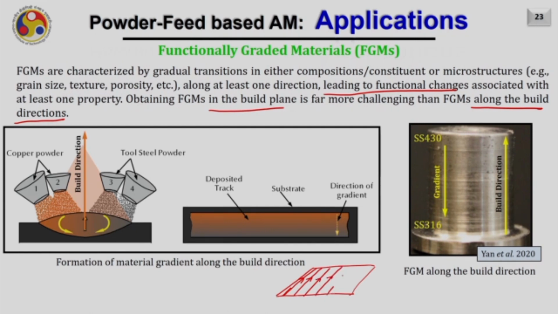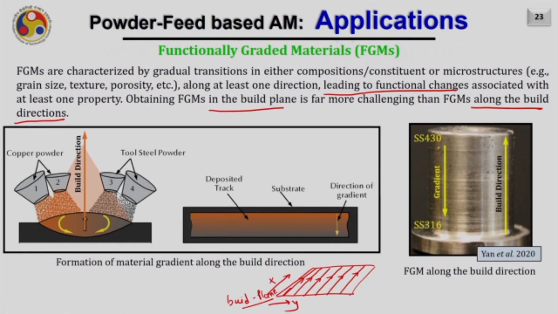There are several passes to fill this area. So, varying the composition in this build plane, which is the XY plane, is far more challenging than varying the composition in the build direction.